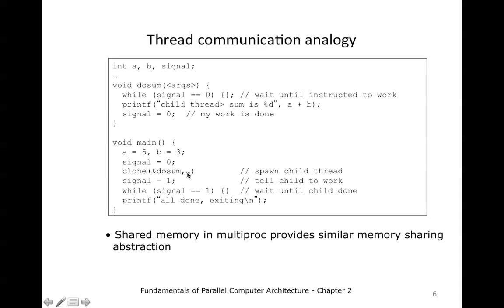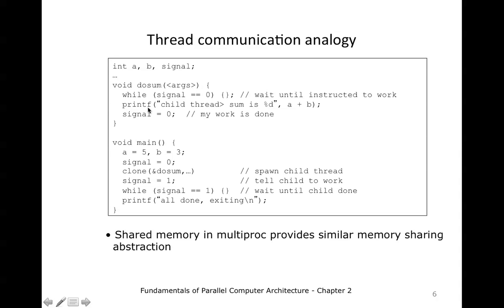However, we want to make sure that the child thread executes after all the data is ready. So it will wait while signal is 0. It will wait in a loop until somebody sets the signal to 1. In this case, the main thread sets the signal to 1, indicating that, okay, child thread, now you can move ahead with your computation.